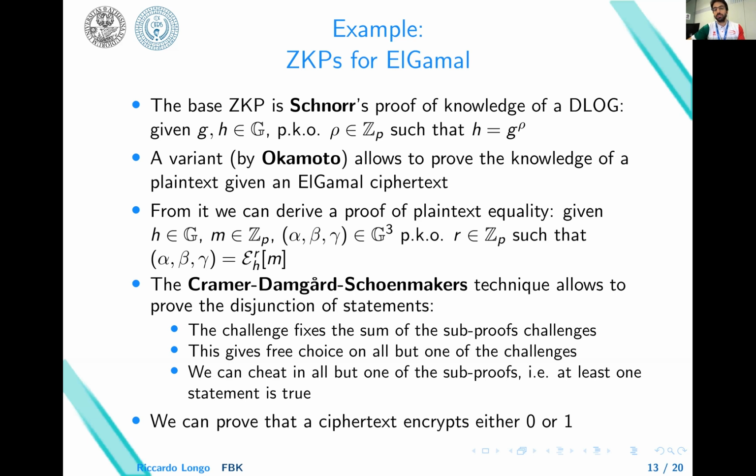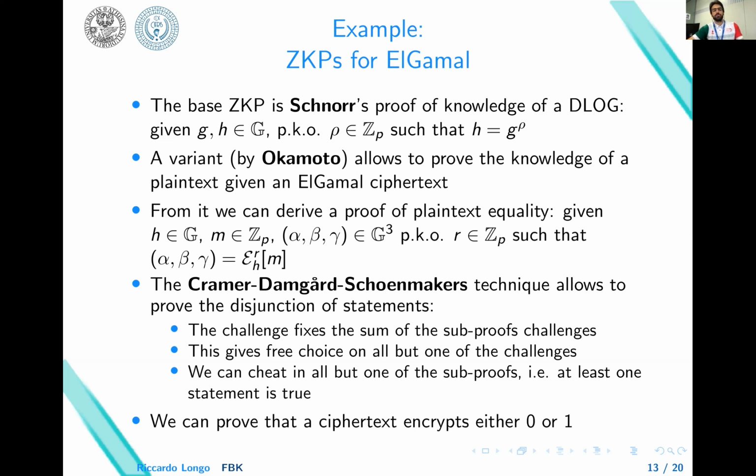So we can cheat in all but one of the subproofs. But this is exactly the disjunction of the statements. That is, at least one of the statements is true, but you can cheat in all the other ones.